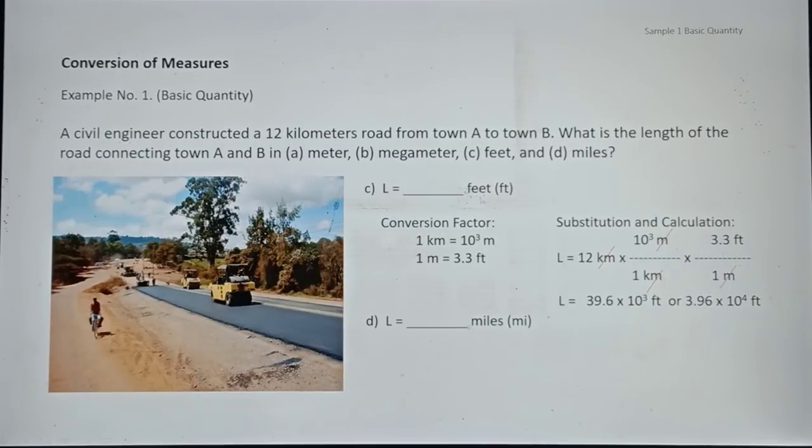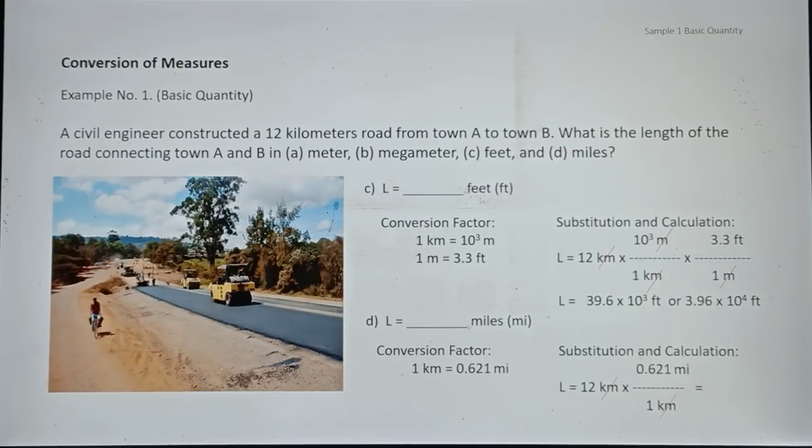In letter D, the requirement is to convert the 12 kilometers length to miles. In this case, the conversion factor needed is 1 kilometer equals 0.621 miles. Now let's substitute and calculate. The length equals 12 kilometers, the given, times the ratio of 0.621 miles and 1 kilometer.